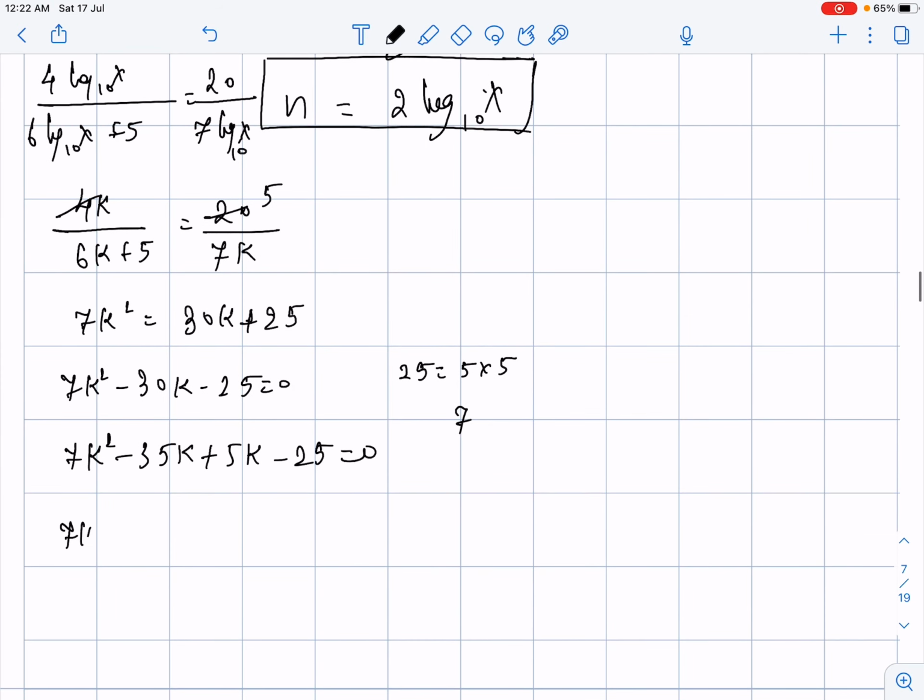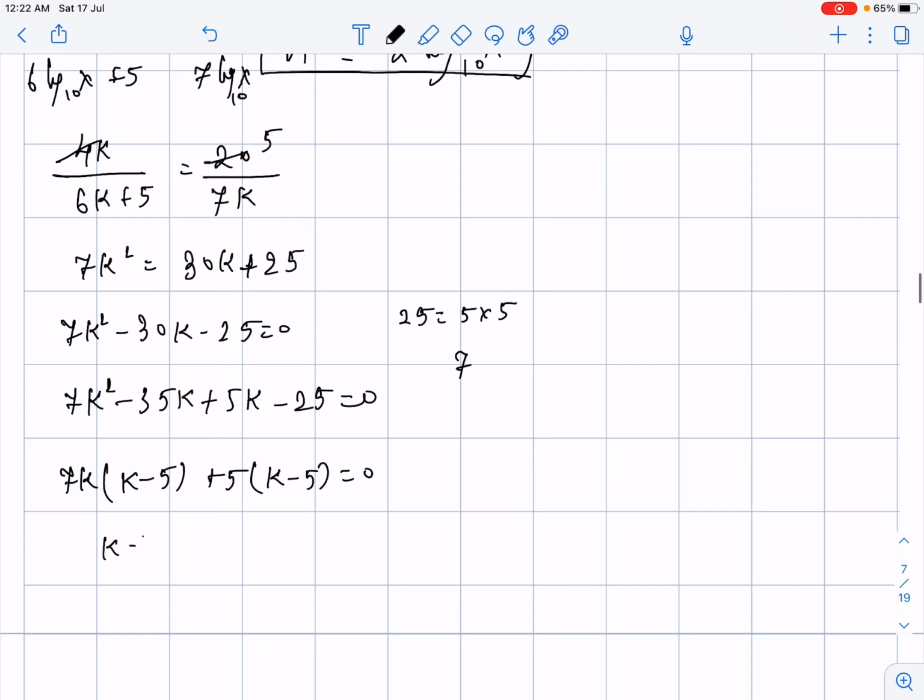Now we may take 7k as common, so k minus 5 will come, plus 5 as common, that is k minus 5. So k minus 5 is common, and 7k plus 5 is equal to 0. So k either is equal to 5 or is equal to minus 5 by 7.